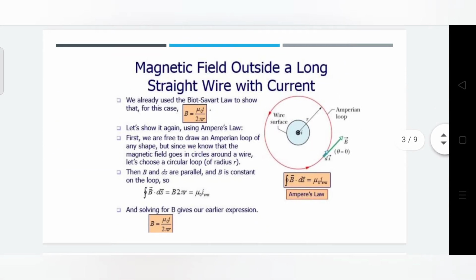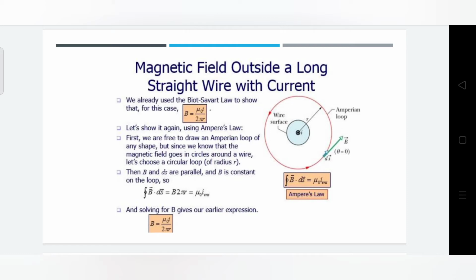The magnetic field outside a long straight wire with current is calculated using Ampere's circuital law. We already used the Biot-Savart law to show that for this case B is equal to mu naught I divided by 2 pi r. Based on Ampere's circuital law, we are free to draw an Amperian loop of any shape, but since we know that the magnetic field goes in circles around a wire, B and dl are parallel and B is constant on the loop.